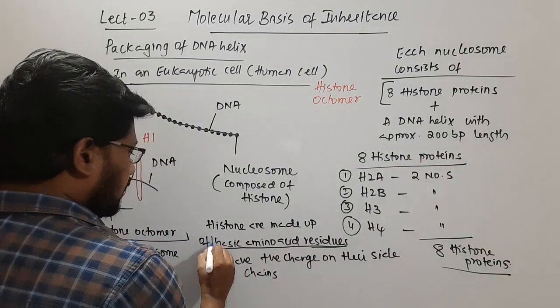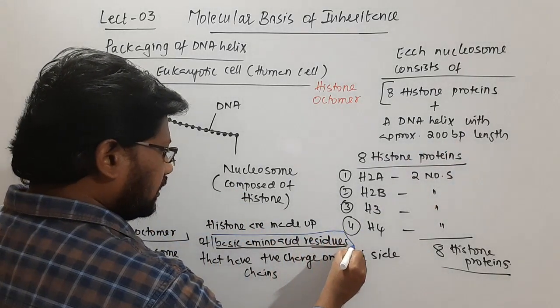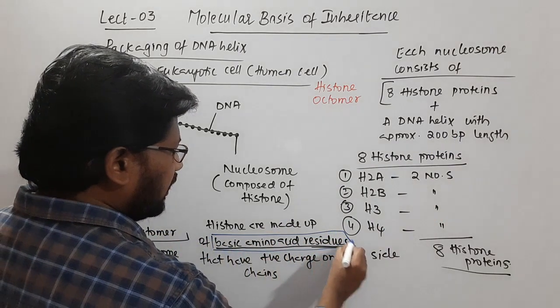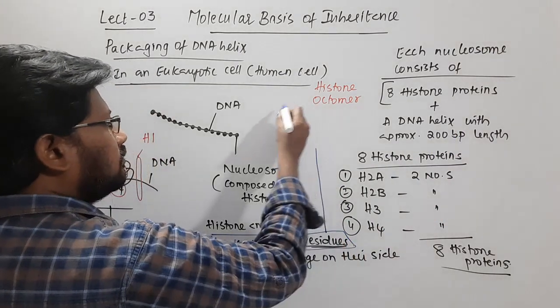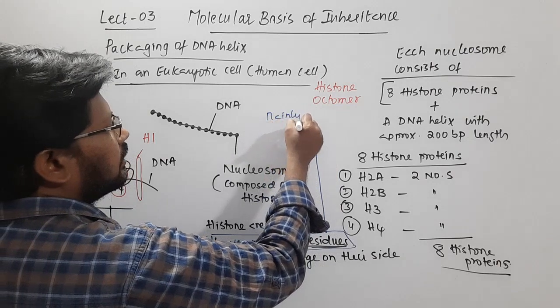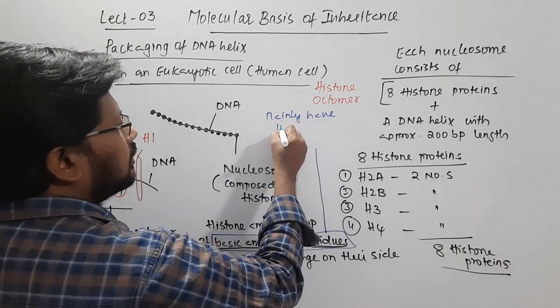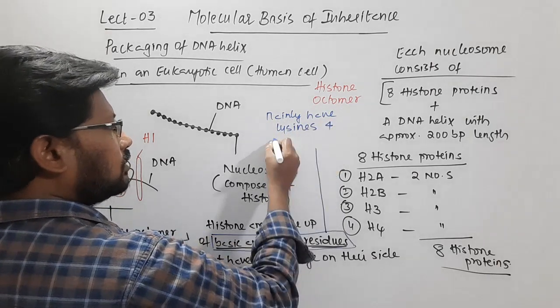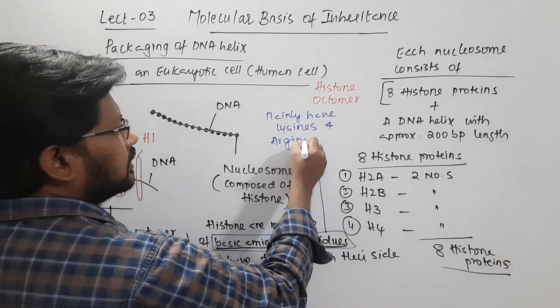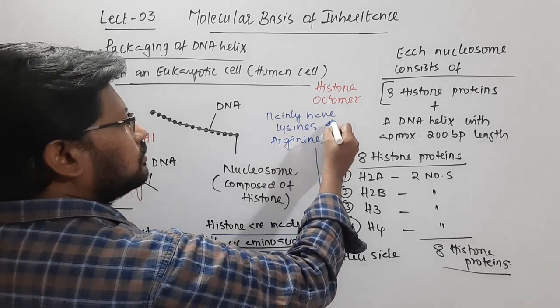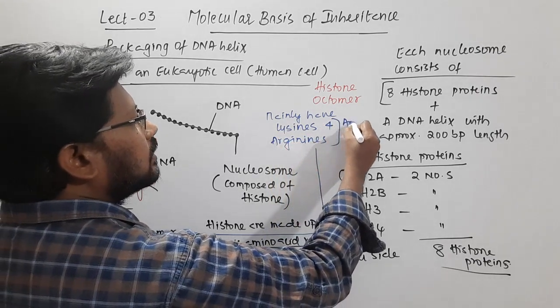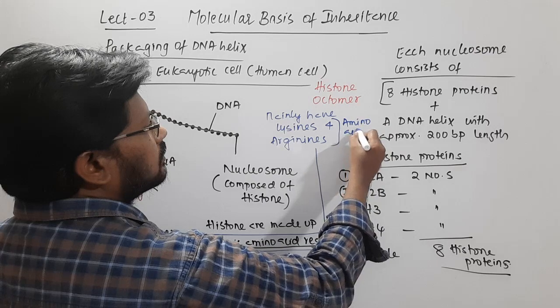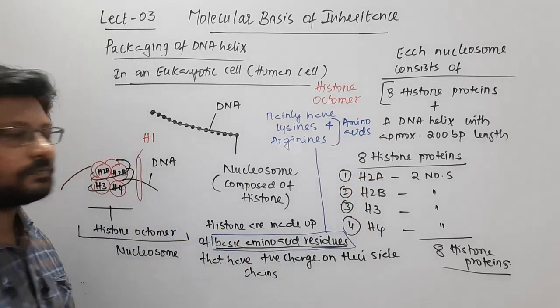So these basic amino acid residues are mainly, of course there are many others, but mainly lysines and also arginines. These two are amino acids.